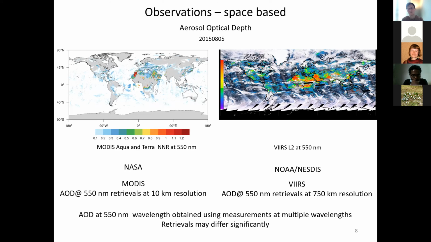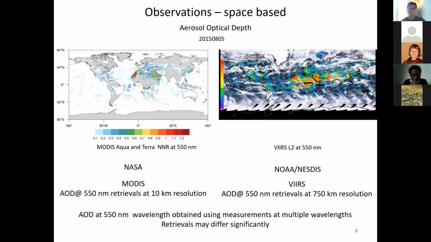Even at NASA, there are several, Dark Target and MAIAC and Deep Blue, and VIIRS also has a different method of obtaining this AOD, and they can differ quite significantly. The standard MODIS measurements with the Dark Target algorithm are at 10-kilometer resolution. VIIRS are obtained at 750, it's not kilometer, it's meter resolution. Apologies for this typo here.